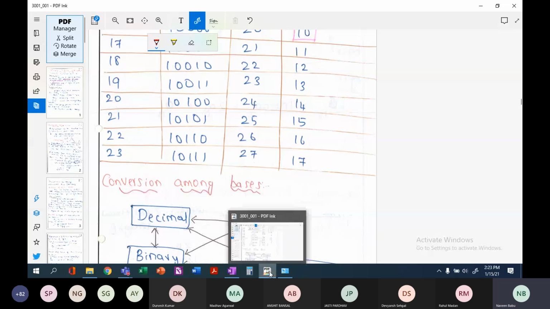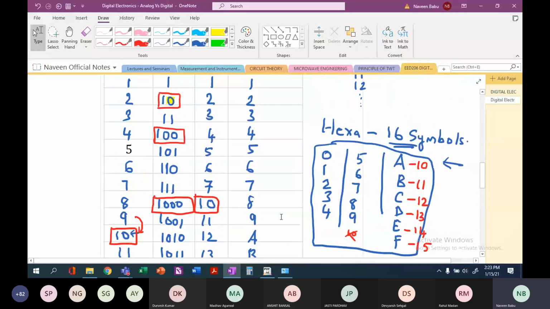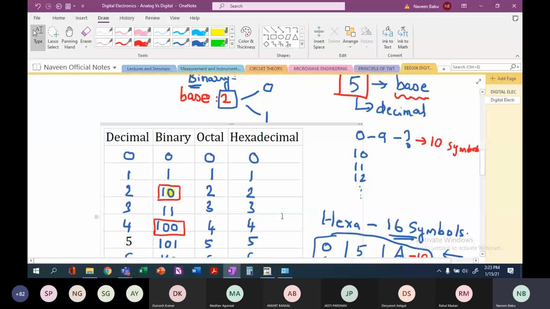Now, normally as humans, we understand only decimal numbers. We have been using the decimal number system from our very childhood, so we can visualize it much better when compared to any other number system. But computers understand only the binary number system.